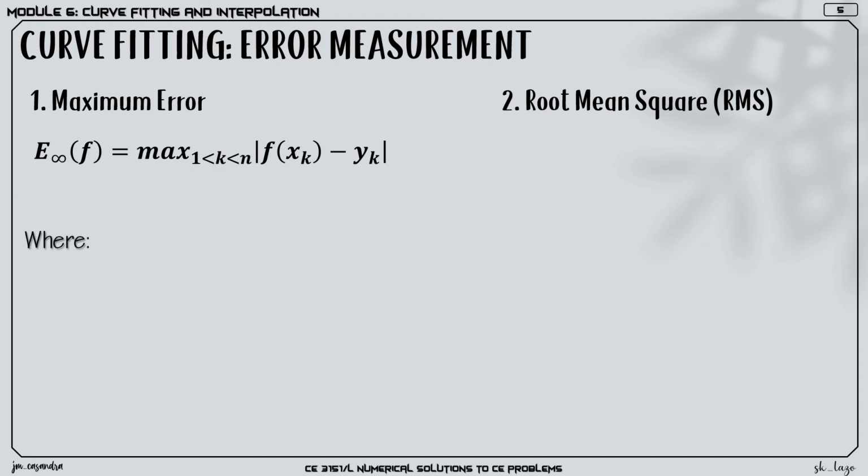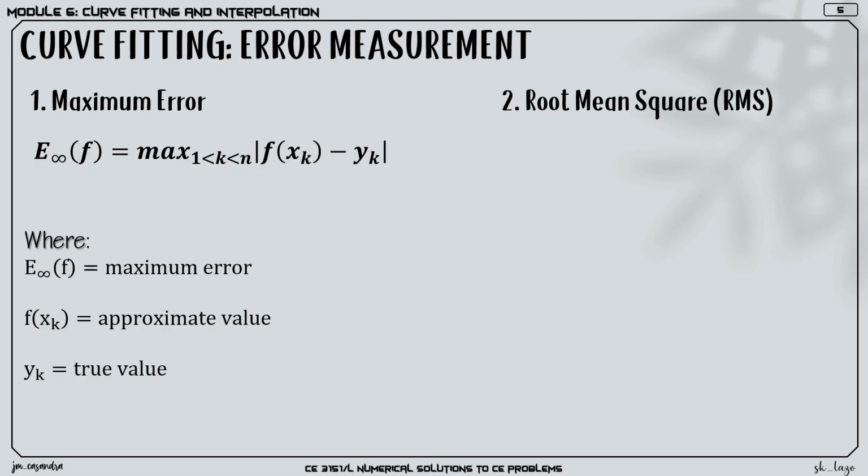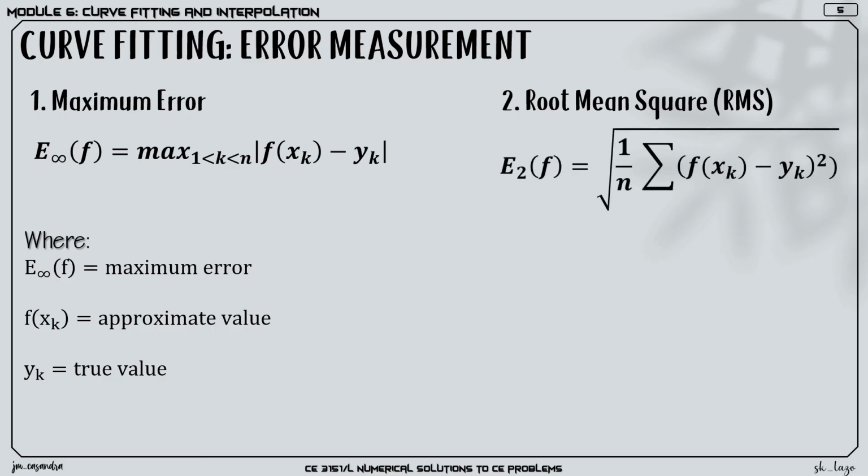So take note, for this equation, E sub infinity of f is our maximum error, f of x sub k is the approximate value, and y sub k is the true value of the point.